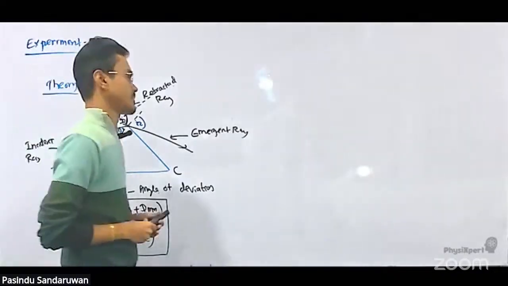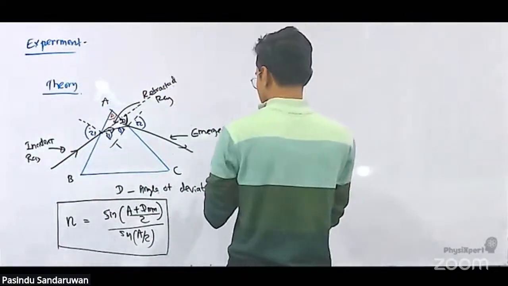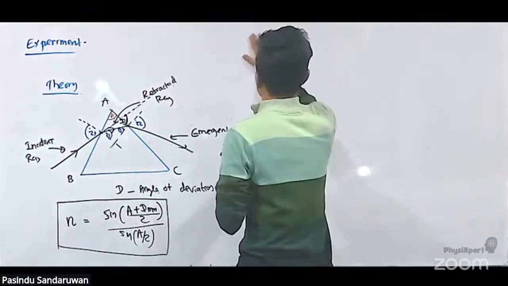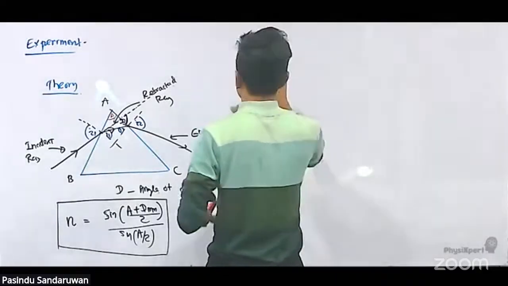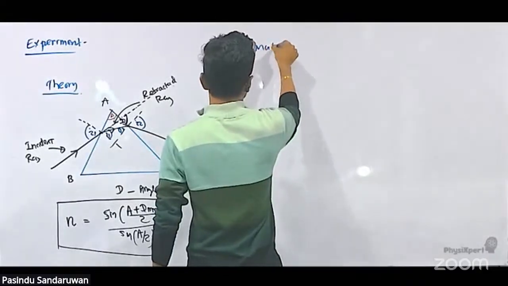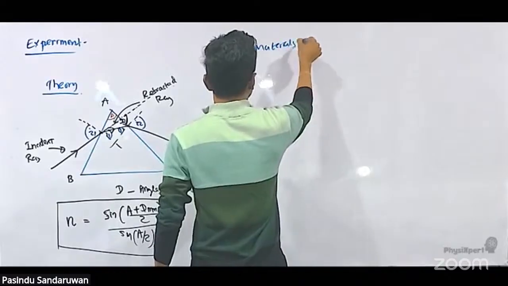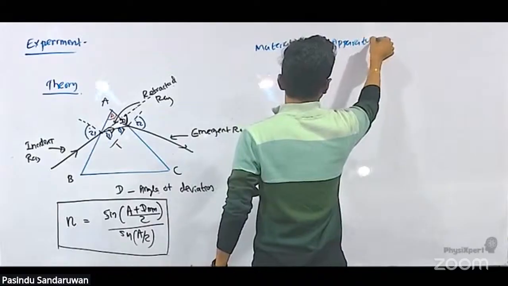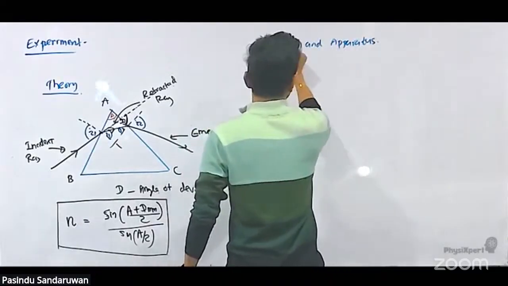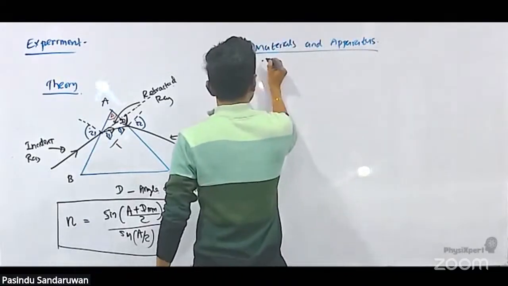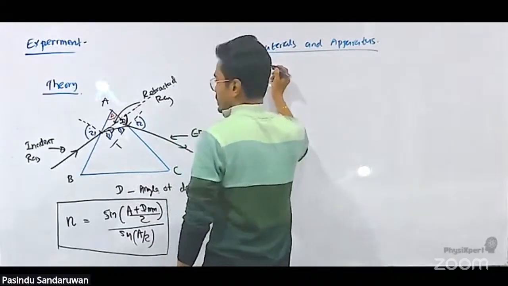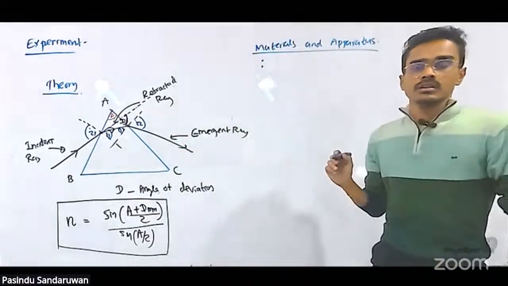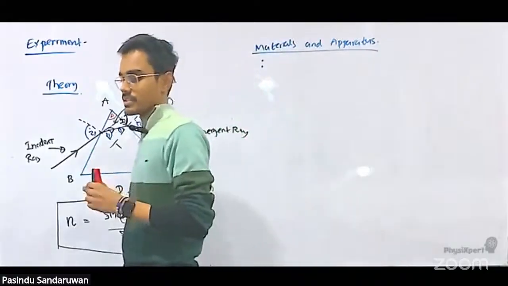Right, listen. Write down materials and apparatus. Mention them one by one. First one: a white sheet.